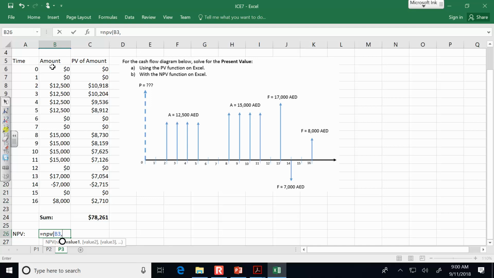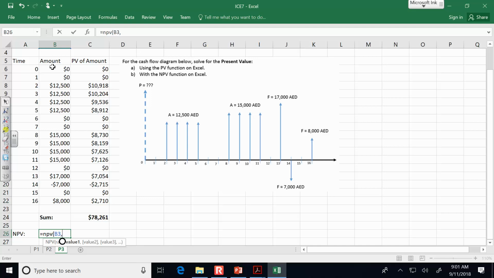So I need to skip over any amount that's already in the present, because what this function does is it converts future amounts to the present. So only put something into that function if it's not already in the present. If it is in the present and you put it into that function, then the whole thing is screwed up, because it's expecting to see like amounts and the order of the amounts, and the first number it wants to see is what's in year 1. It doesn't want to see what's in year 0.